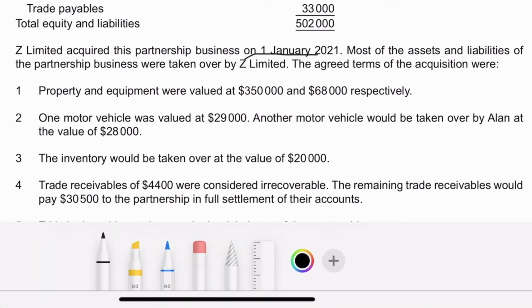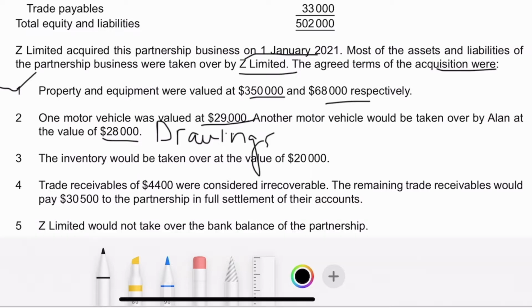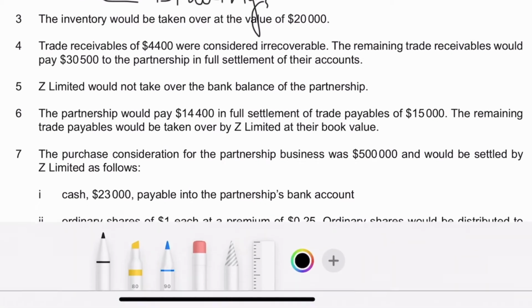Assets and liabilities were taken over by Z Limited, and the property and plant equipment were 350 and 68,000 respectively. One motor vehicle was valued at 29,000 and another was taken out by Alan. So these are basically drawings, that are 28,000 by Alan. Inventory would be 20,000, trade receivable 4,400 were considered irrecoverable, which means bad debt. The remaining will be 30,500, and you can also calculate discount received on this amount if there is any.